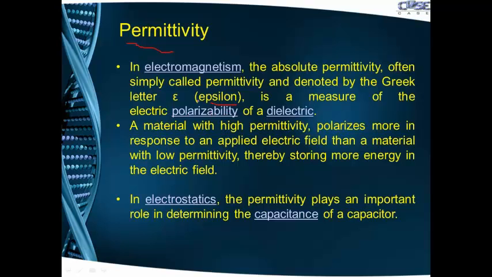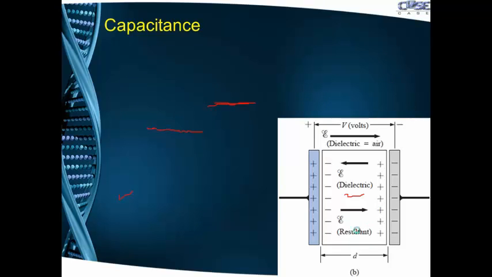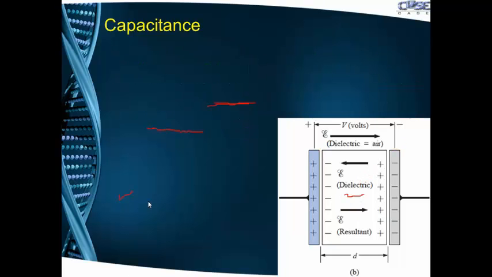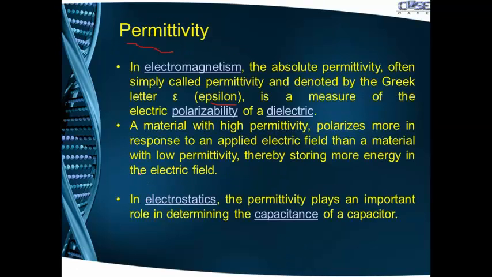So we have seen that the insulator within the electric field is polarized, and dipoles are created within the insulator. So the ability of a material to get electrically polarized is called the permittivity of the material.